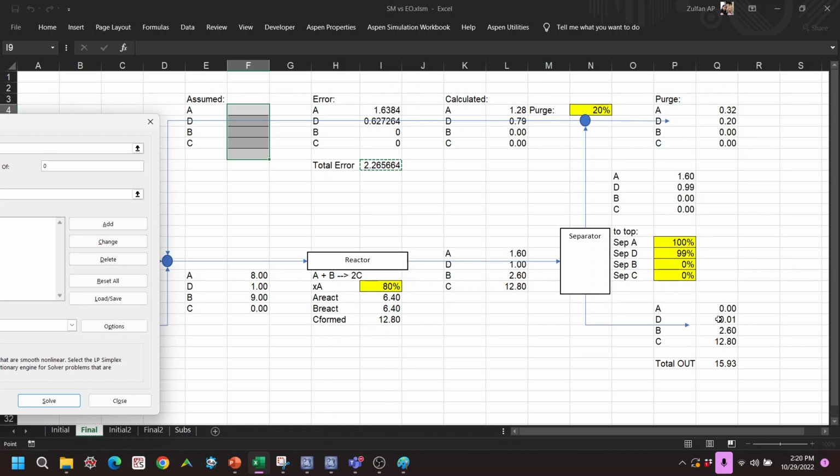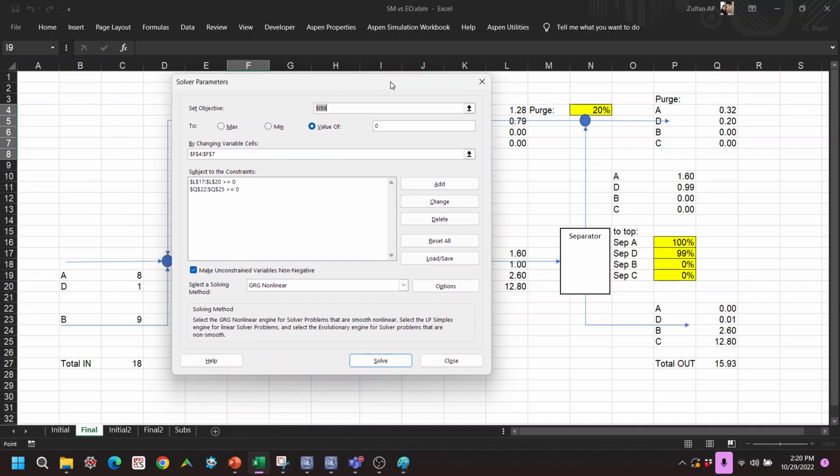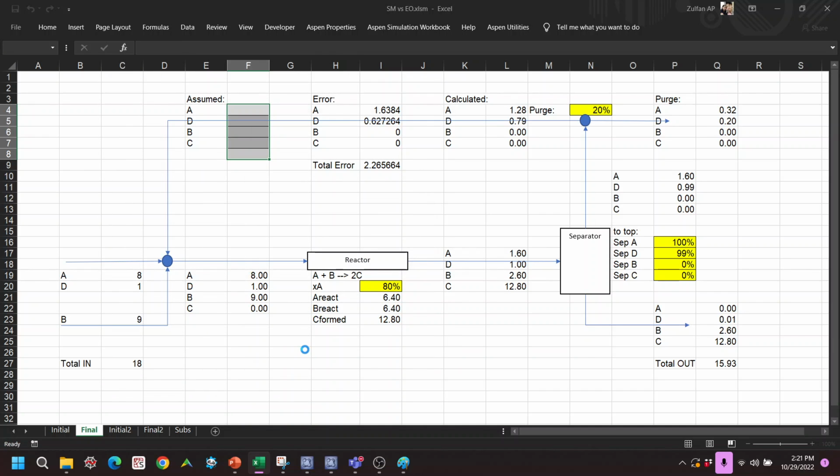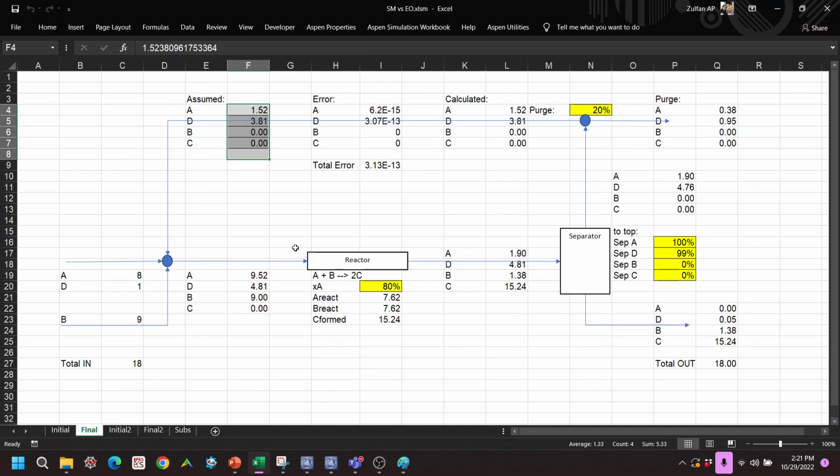And this one as well is like a reduction calculation. So this minus that one becomes this. So I make sure that all of the mass balance has to be a positive value. That's the one. And then I click solve, and then it solves.